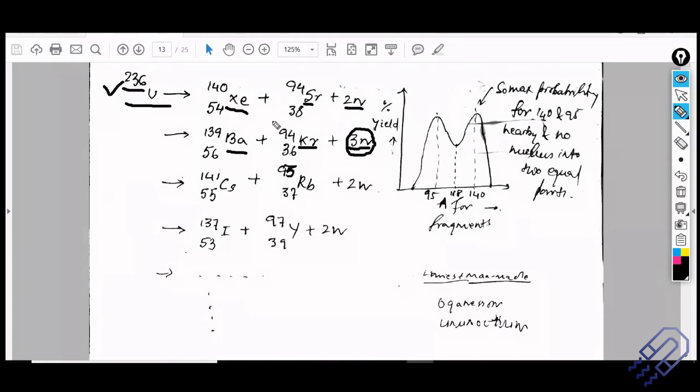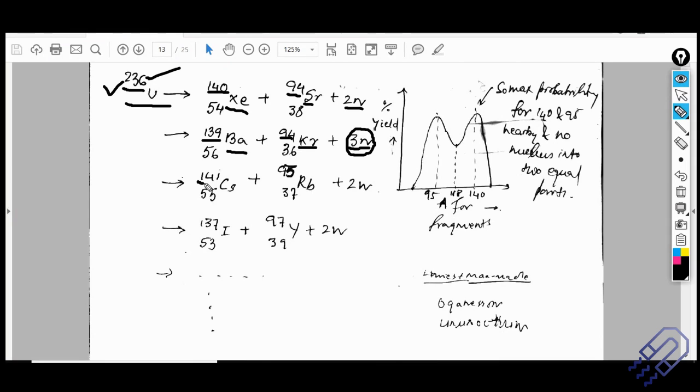If you add up the mass numbers, 140 plus 94 is 234, plus 2 neutrons, so it is 236. Similarly for barium 139 and krypton 94, three are left, so three neutrons come out.